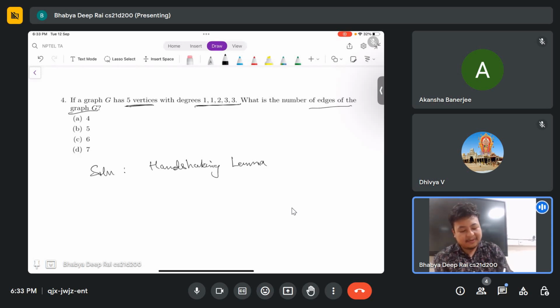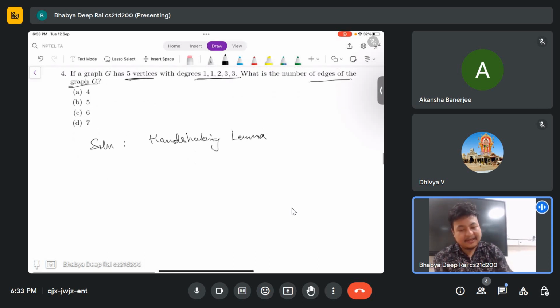One of the first things in the lectures is that the sum of the degrees of the vertices is equal to twice the number of edges. This is what the handshaking lemma says.